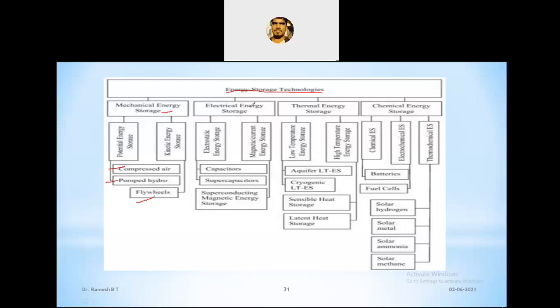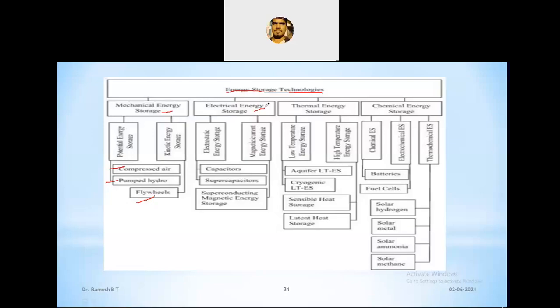If you go with the electrical type of storage, that is electrostatic energy storage or magnetic current energy storage. Electrostatic means capacitors and supercapacitors, which will store the energy electrostatically.